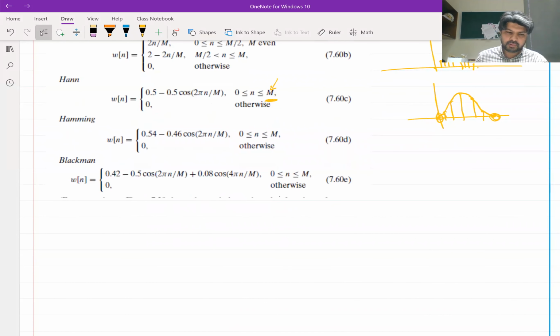I would recommend you to do these comparisons of different windows, Fourier transforms. That is on page 561. Rather, let me show you here.